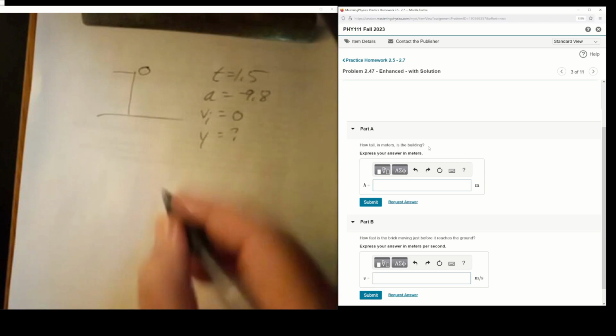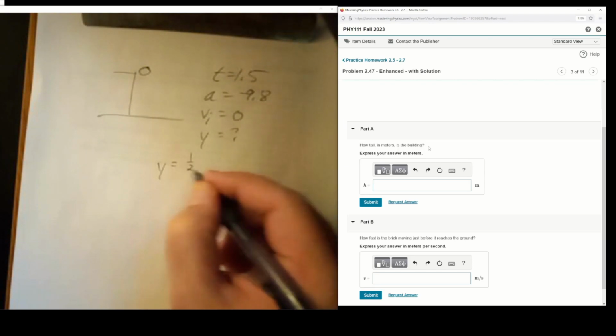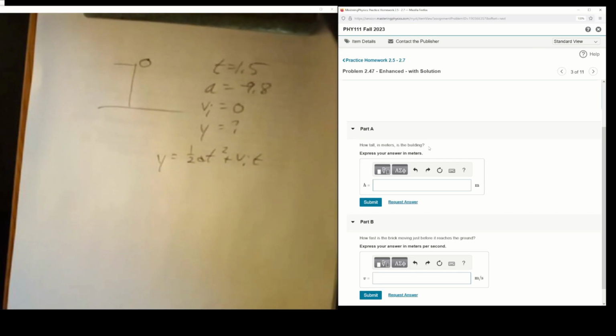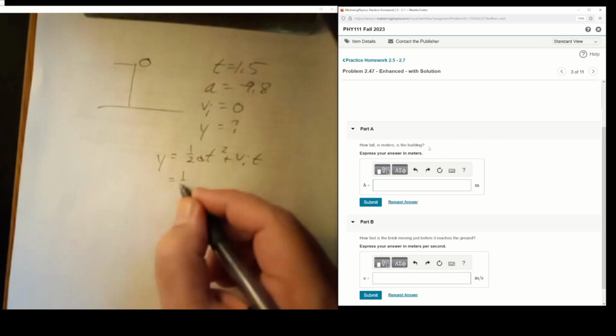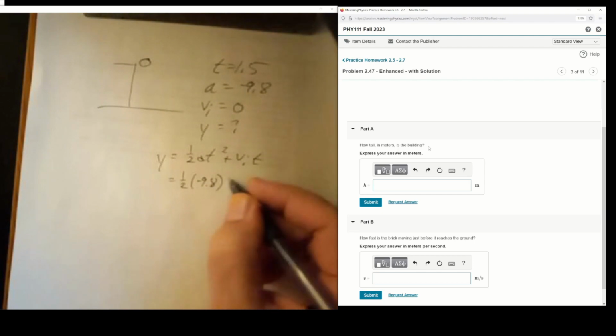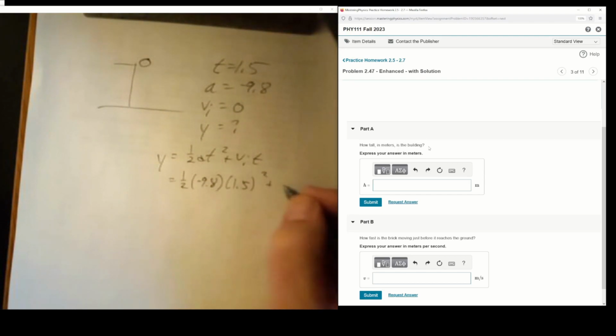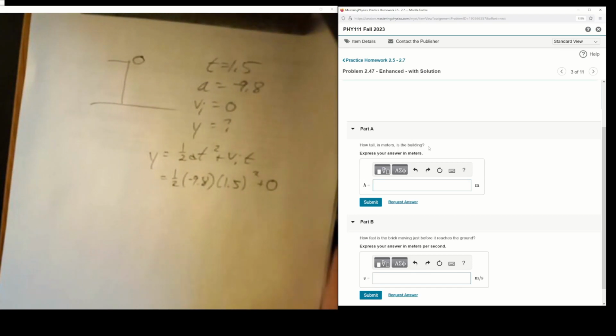And we can get that. And 0 for initial velocity, so that'll just be 0 there.